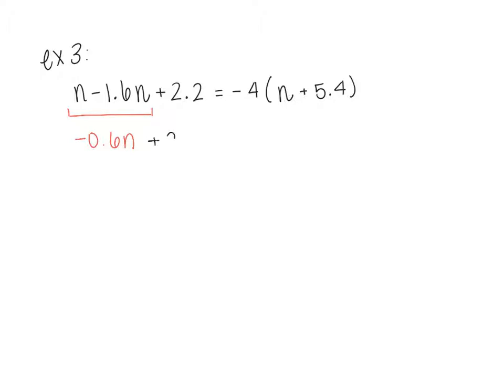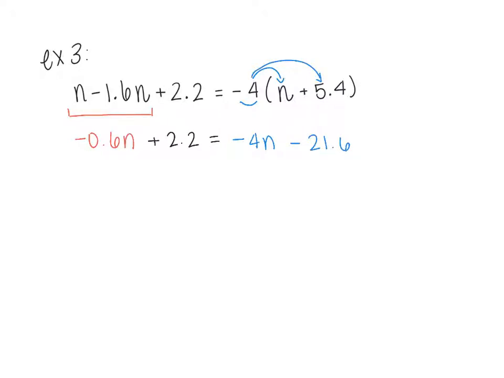Carry down the 2.2. Now on the right, I'm going to be distributing. So distribute negative 4 times n, negative 4n, and then negative 4 times 5.4 will give me negative 21.6.